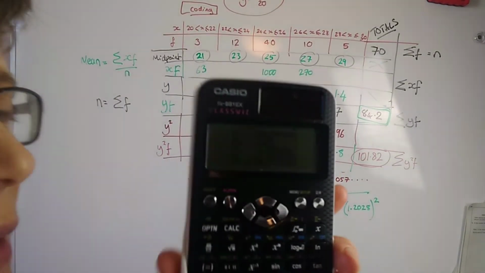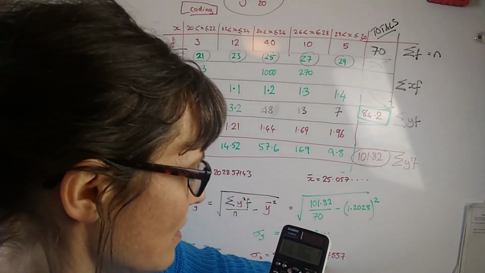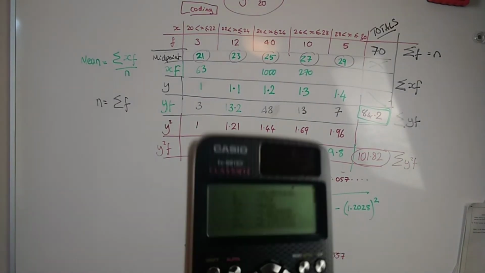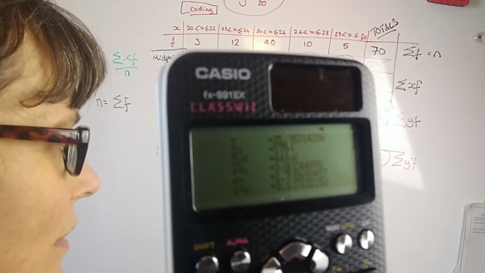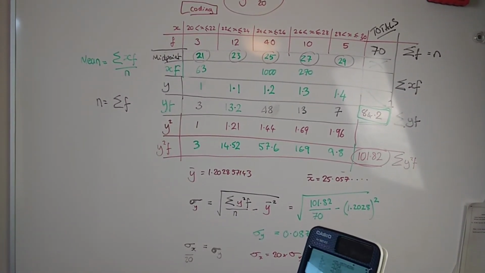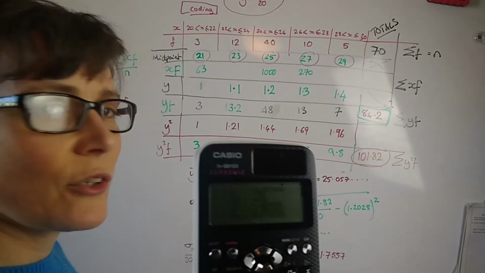That is sigma x. So that is, yep, the same, 1.75569. That's the same as my by hand calculations gave me. And the bottom one, we won't worry about that one just yet. So you can get all that data out.